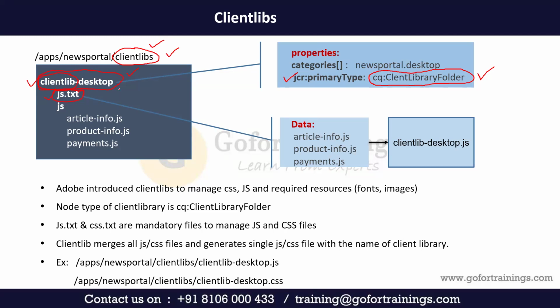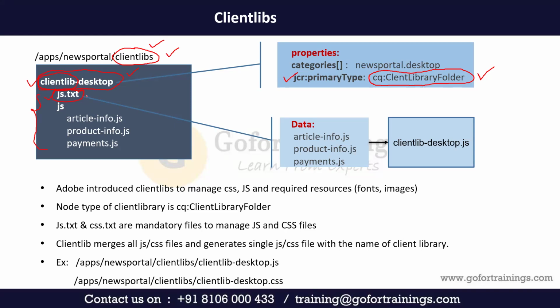If you want to use this client library to manage both CSS and JavaScript, then we have to create both css.txt and js.txt. If you want to manage only JavaScript in this client library, js.txt is enough.